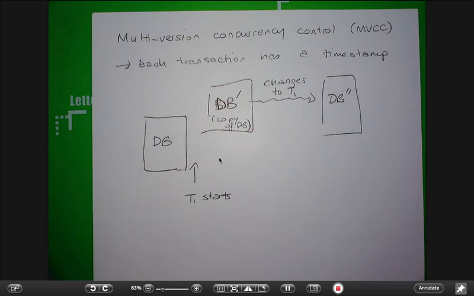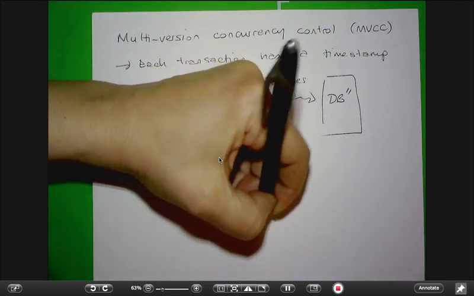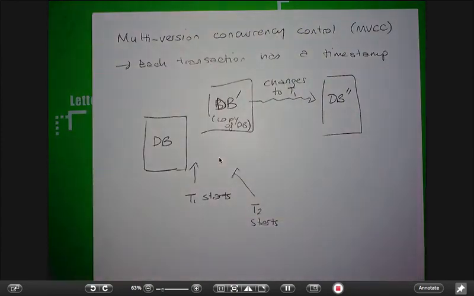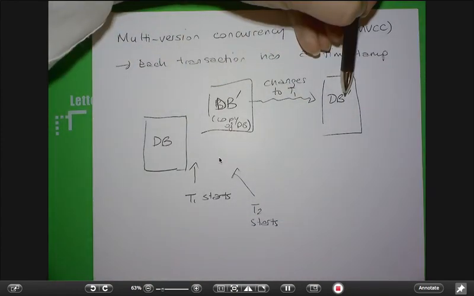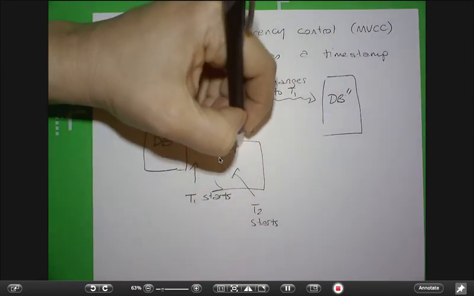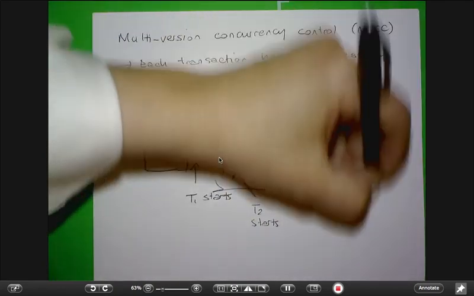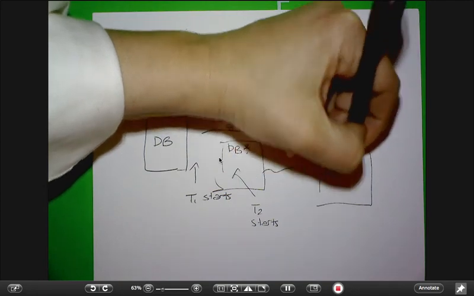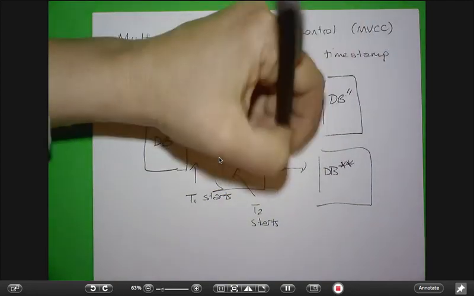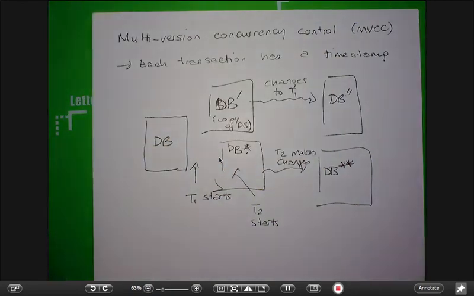It could be that later on, T2 starts. If T1 hasn't committed here, it's the same database, but now I have a different copy. Let's call this DB star. And T2 makes changes to DB star.